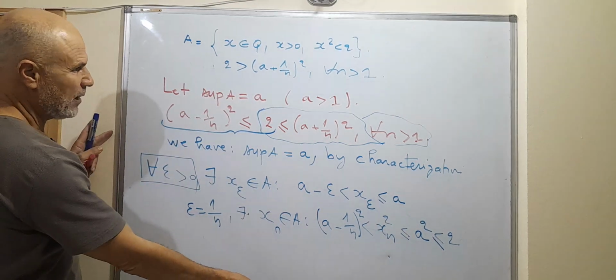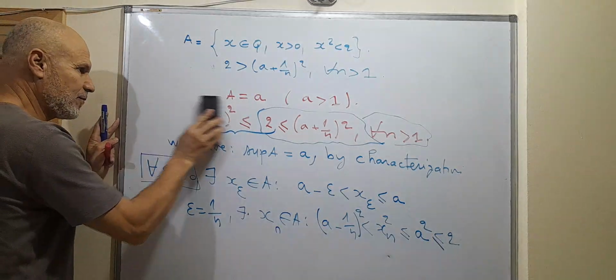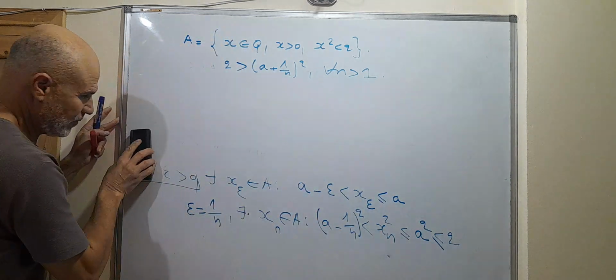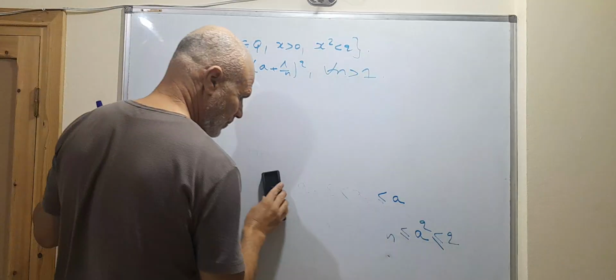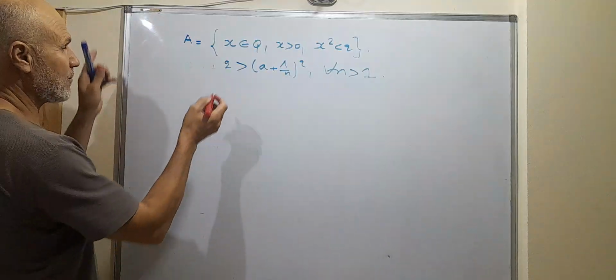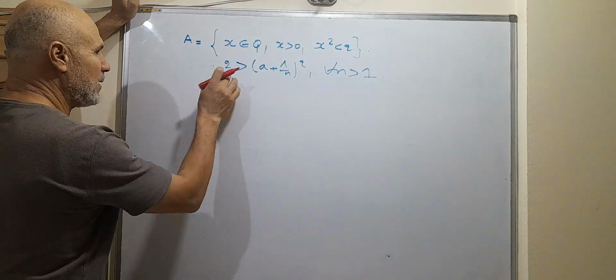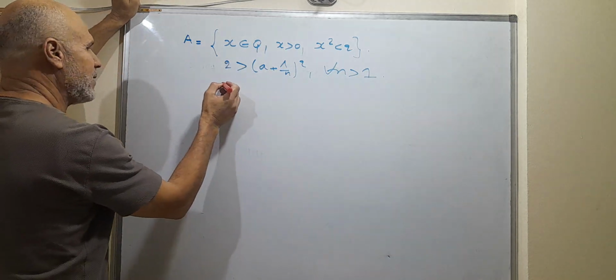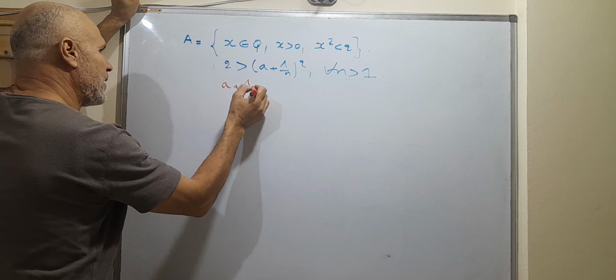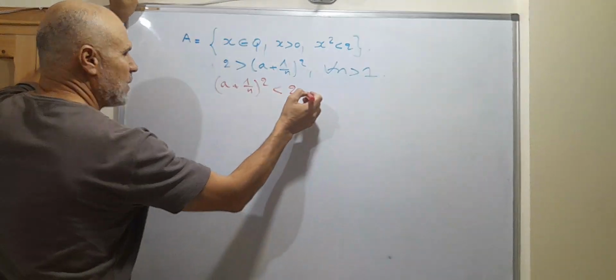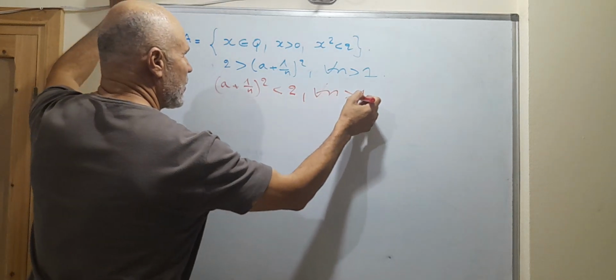This is the proof by contradiction. In a more suitable form, 1 over n square is less than 2 for all n greater than 1.